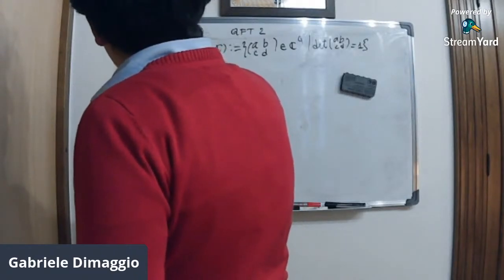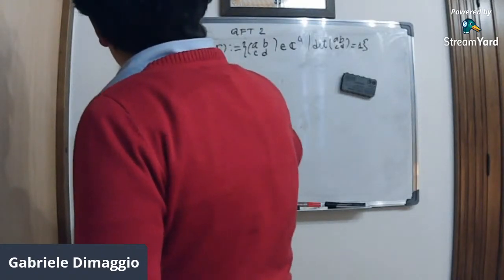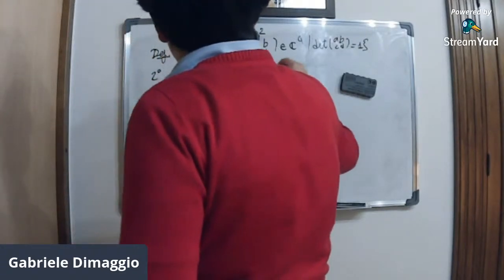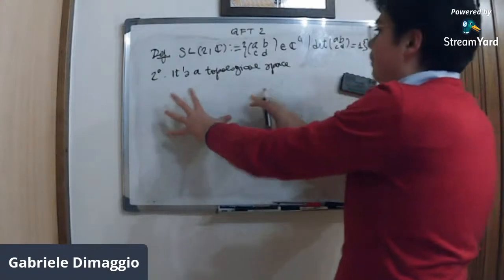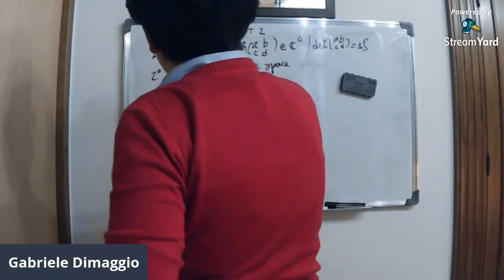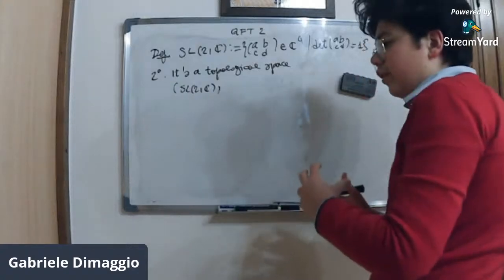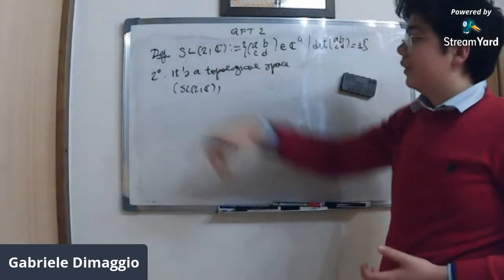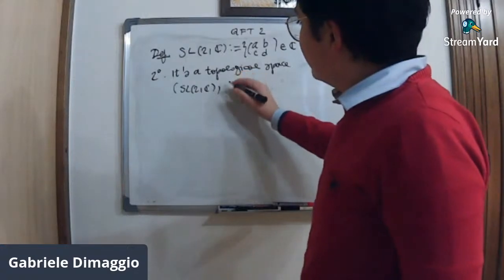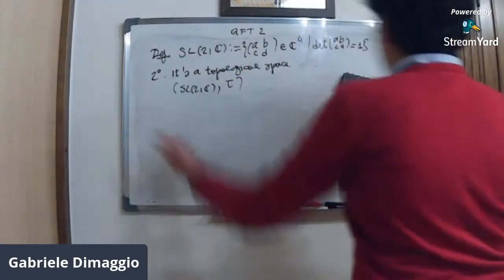I have the set SL(2,C), with a set of opens over the manifold, and this set is the topology tau.